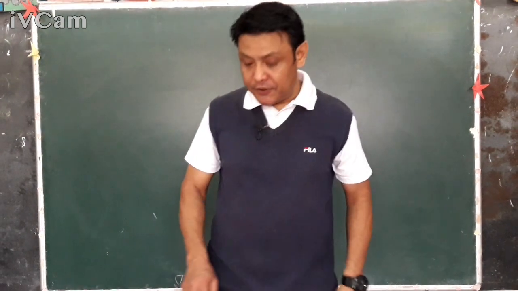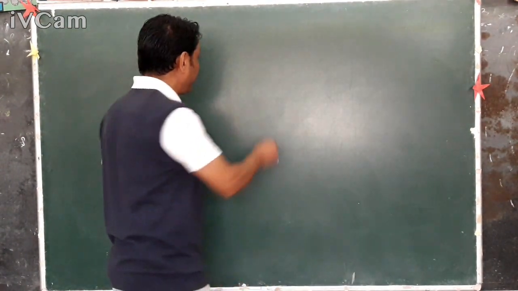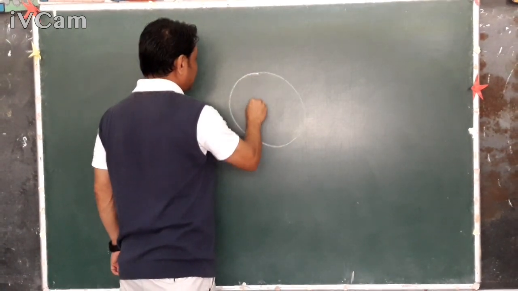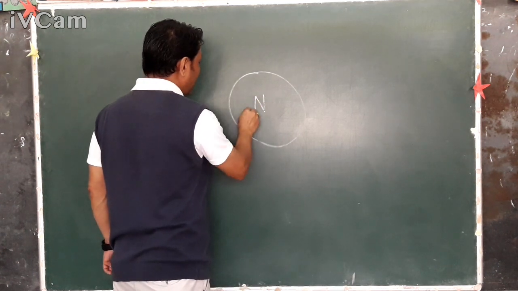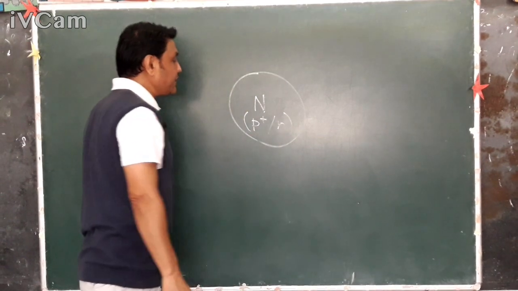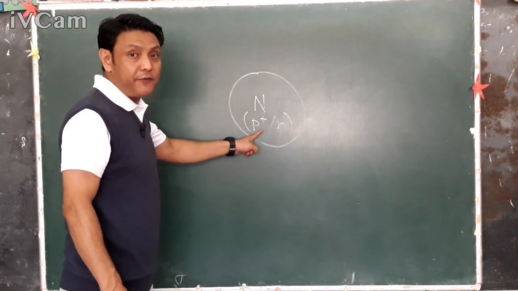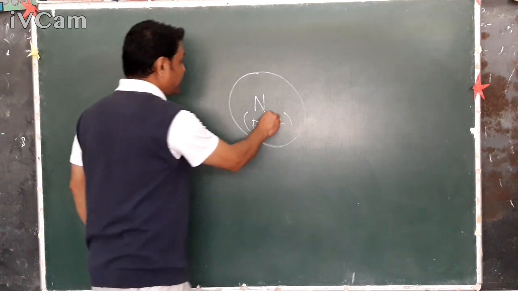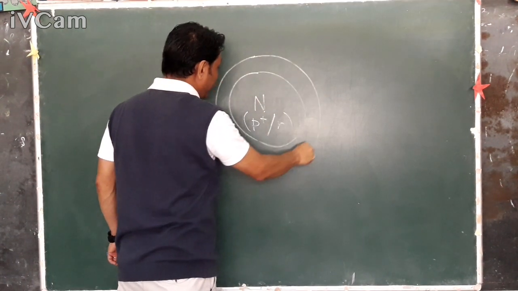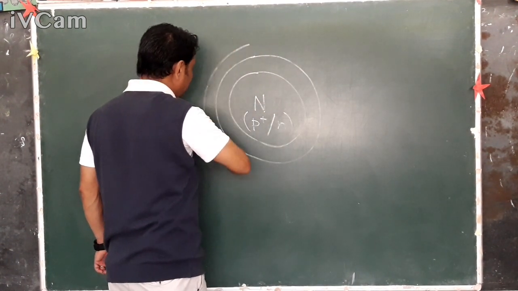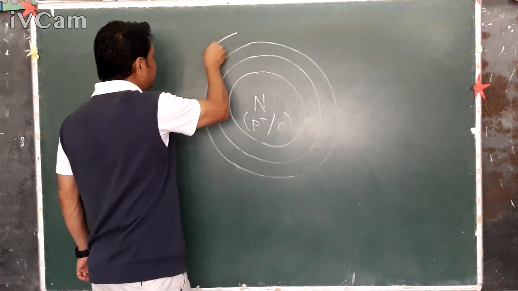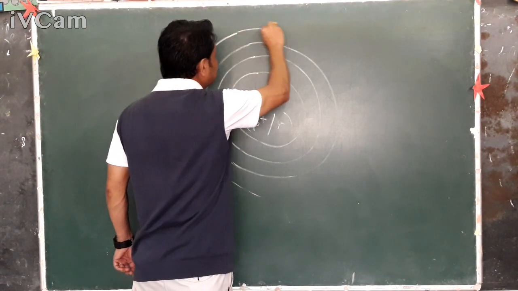Okay. The nucleus and the extranuclear region. Now, the nucleus, as you know, is in the center. Inside the nucleus, we have protons and neutrons. The nucleus is made up of positively charged protons and neutral neutrons. And around the nucleus, we have shells or orbits, in which electrons revolve around the nucleus at a very high speed.